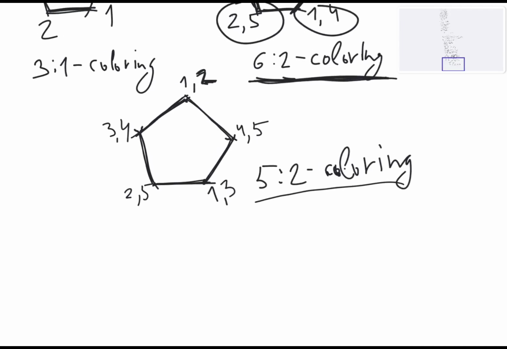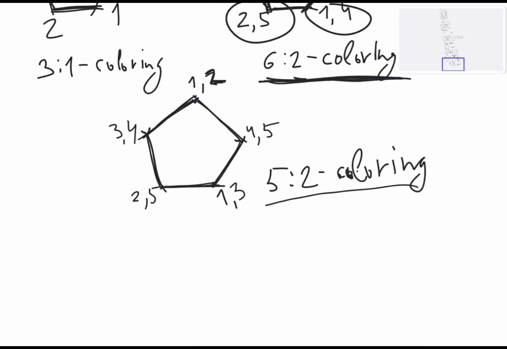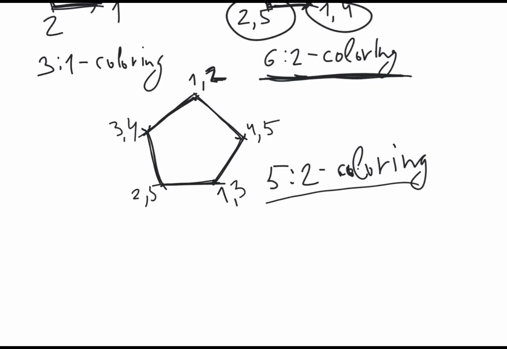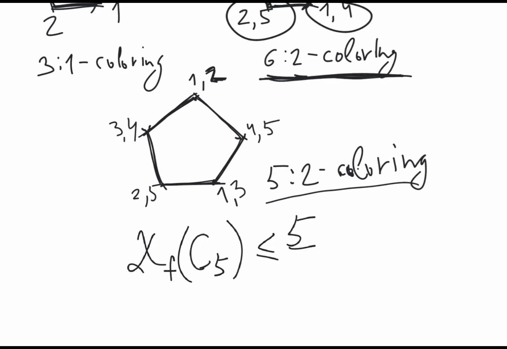So this example shows that the fractional chromatic number of C5, the cycle on 5 vertices, is less than or equal to 5 over 2, that is 2 and a half, which is strictly less than 3, the chromatic number of C5.